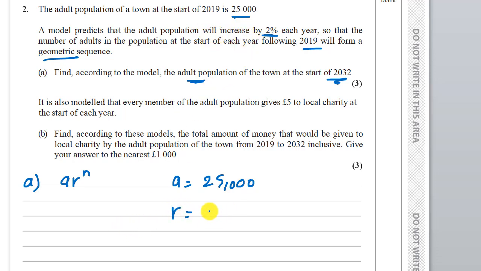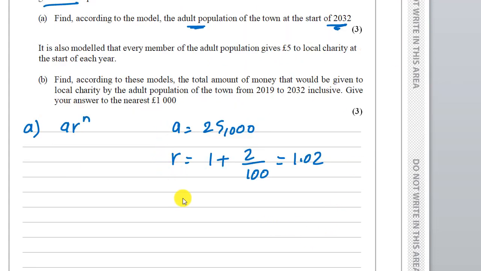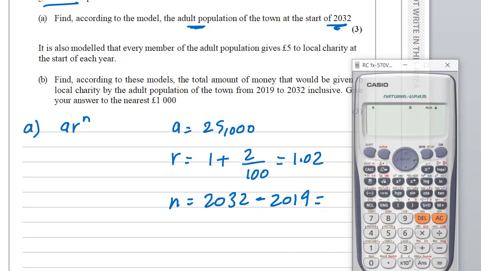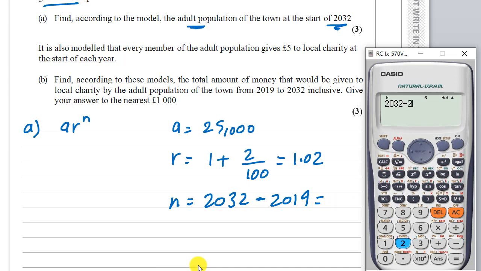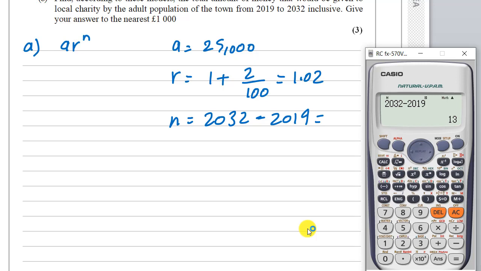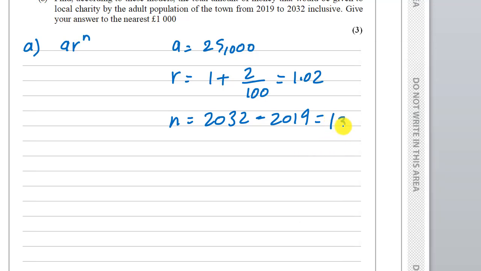So r equal to 1 plus 2 divided by 100, so it's 1.02. Now we need the population at 2032, so n equal to 2032 minus 2019, so n is equal to 13.